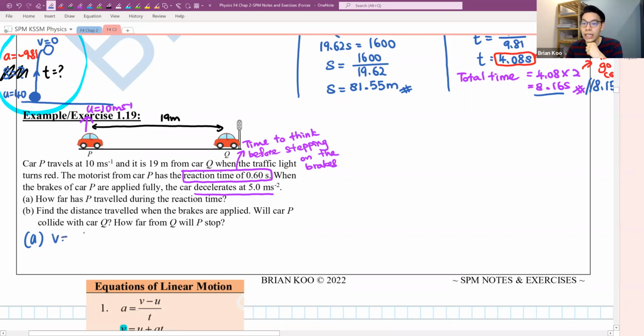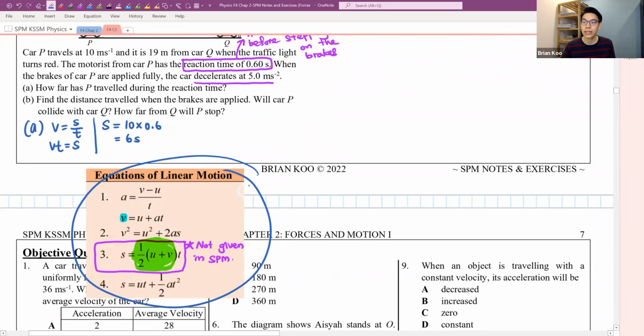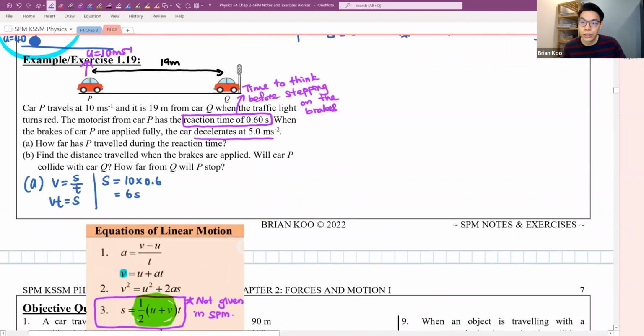Or you can do velocity equals distance divided by time, displacement divided by time. I know this is U and I'm writing V just because V is a general one. As long as I'm not using this list here, V can mean a general velocity. You want to use U also can, up to you.